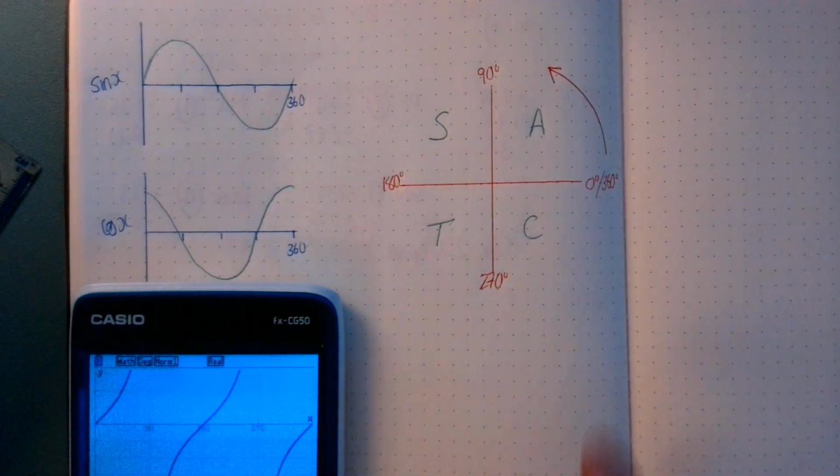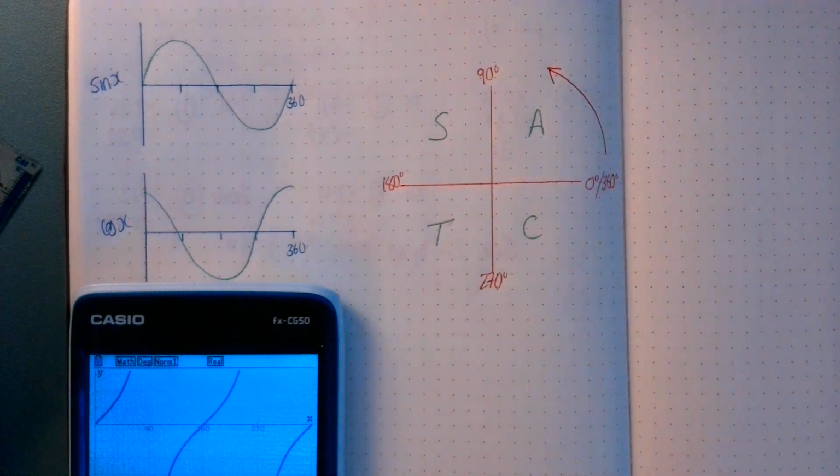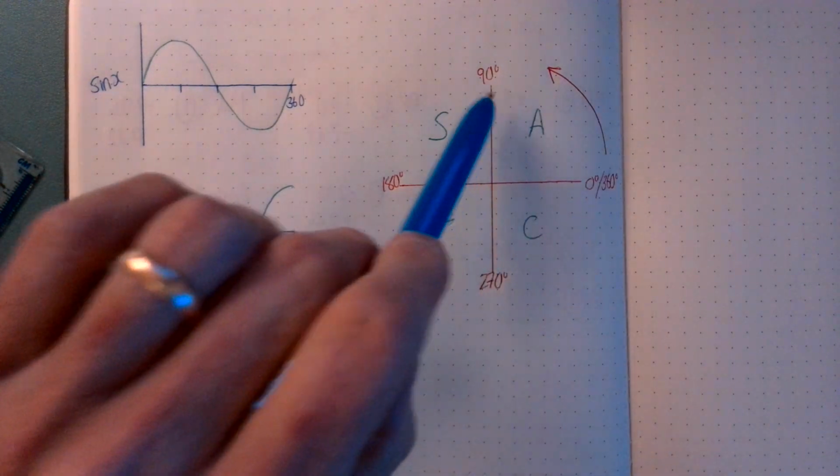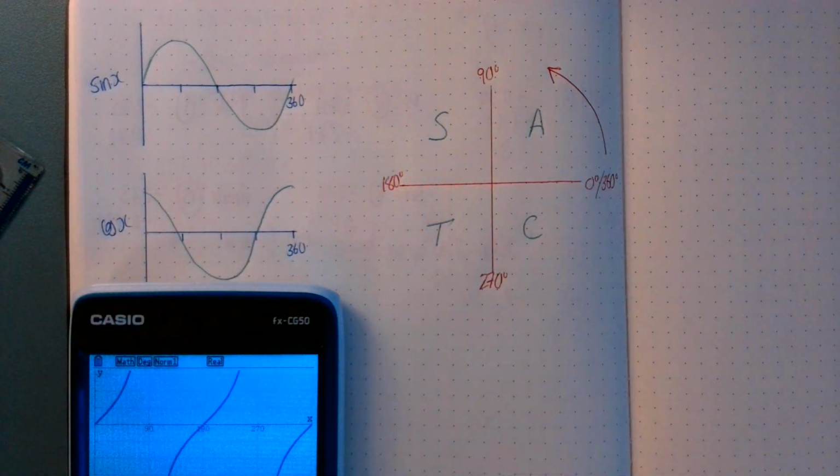And this is called the CAST rule, C-A-S-T. And it's important to be able to identify between these key angles whether sine, cos and tan are positive. You'll see why in a short time.